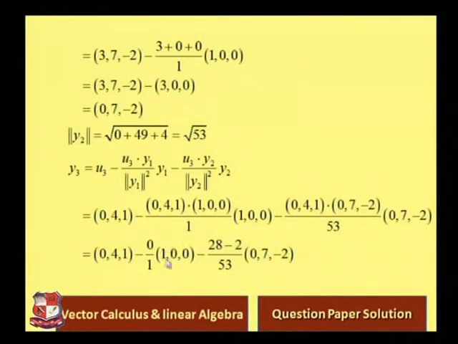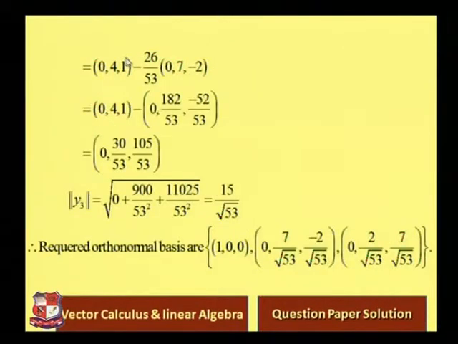The other term gives 26 by 53 times the vector. Now 0 4 1 minus this vector times this scalar gives the last answer, and then we find its norm.